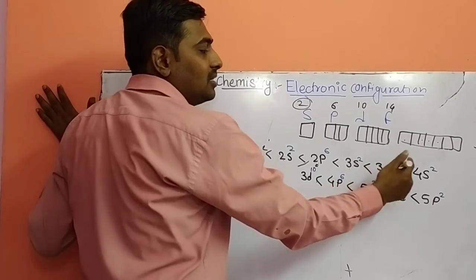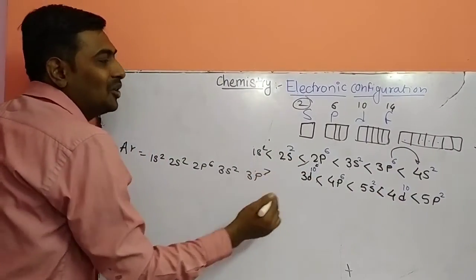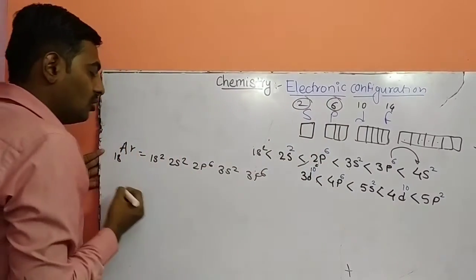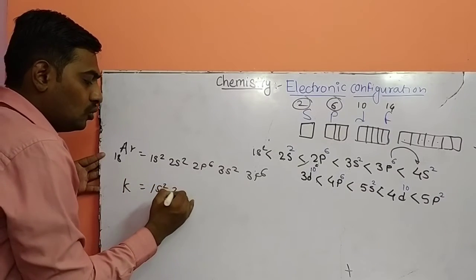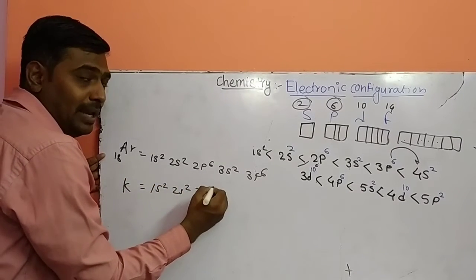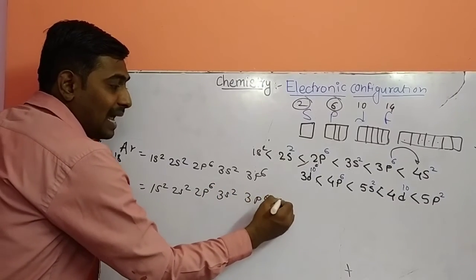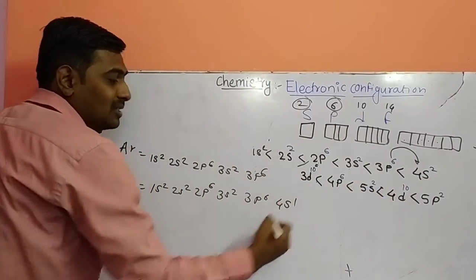the next electron enters in which orbital? In the next orbital. Can we write 3p7? No, because the p orbital has only 6 capacity. So what will be the electronic configuration of 19, potassium? 1s2, 2s2, 2p6, 3s2, 3p6, and the next electron enters in the 4s orbital, 4s1.